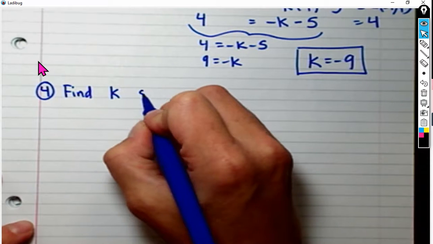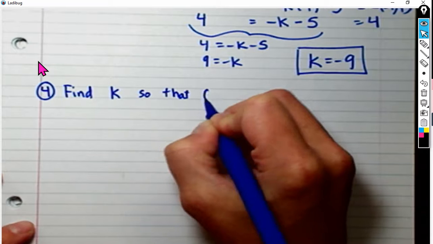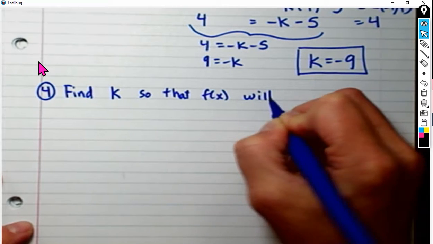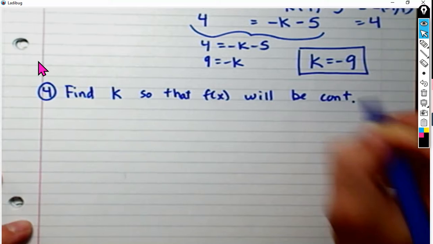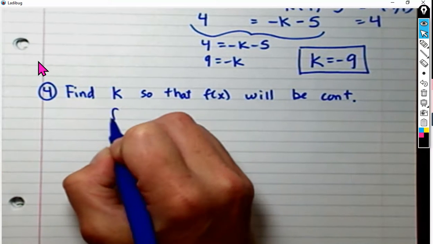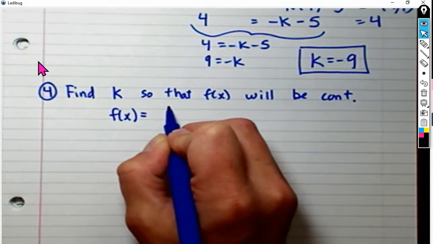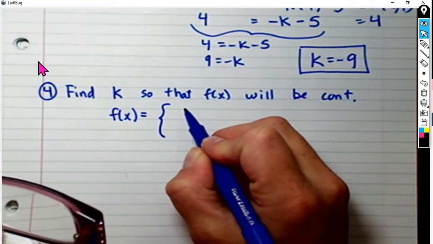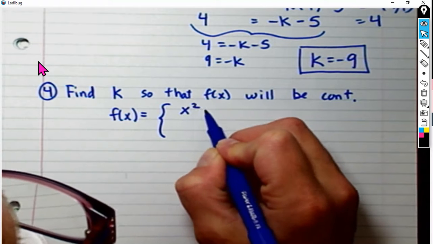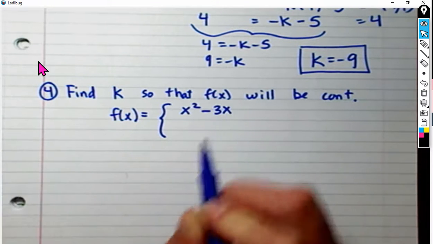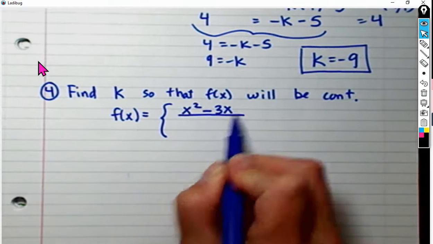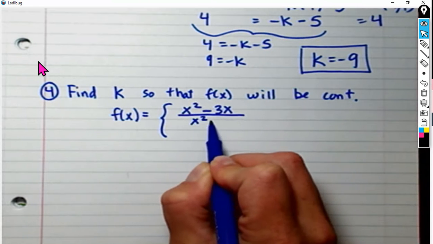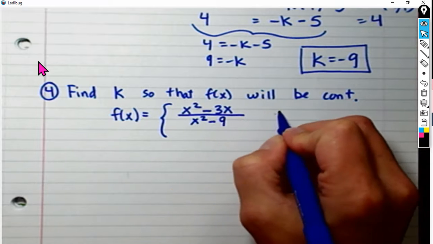Find k so that f of x will be continuous. x squared minus 3x over x squared minus 9.